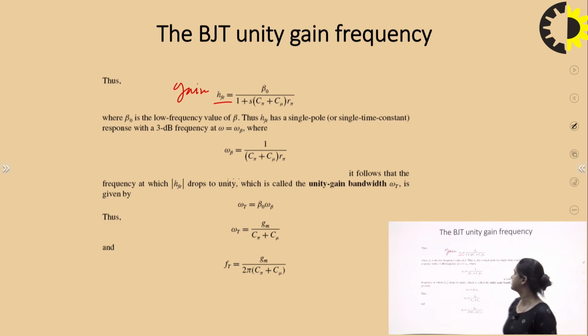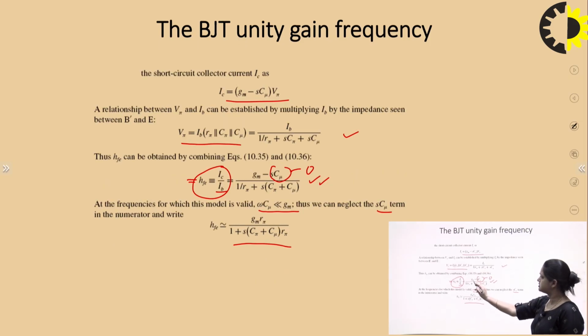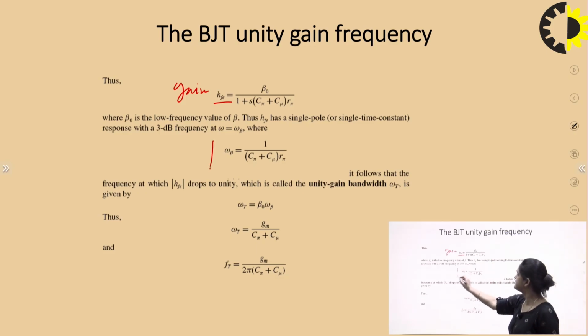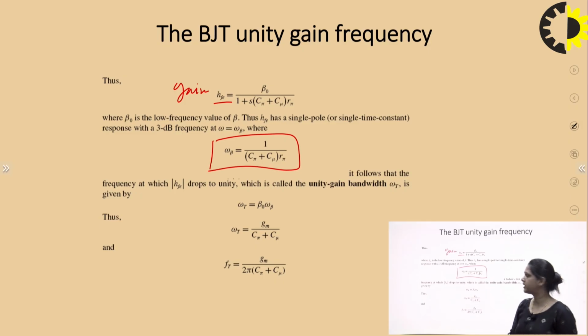This is the current gain, and this GM into R pi is known as beta naught, and from here this can be the omega beta or 3 dB frequency, where beta naught is the low frequency value of beta.